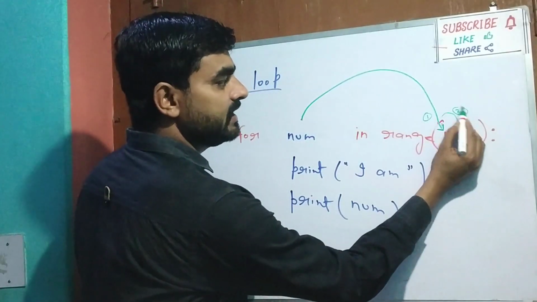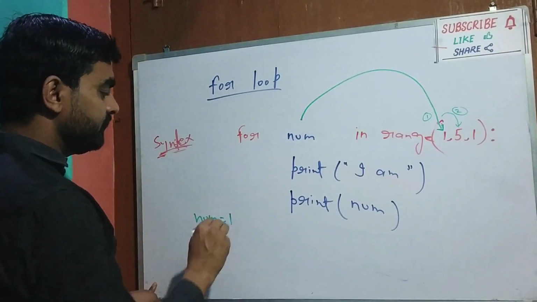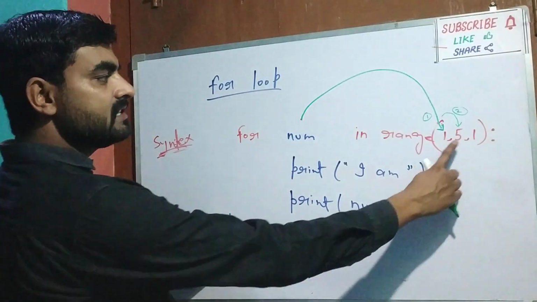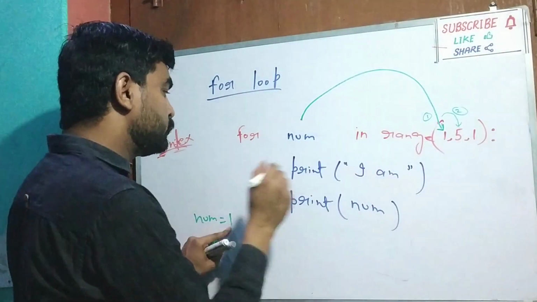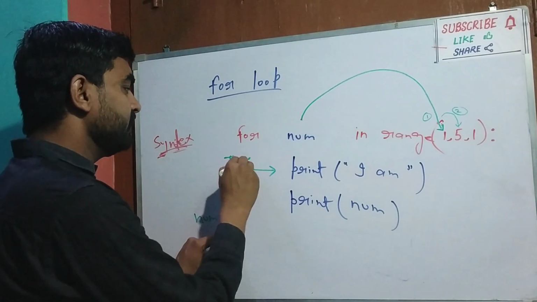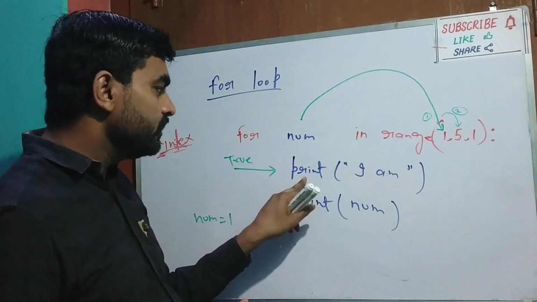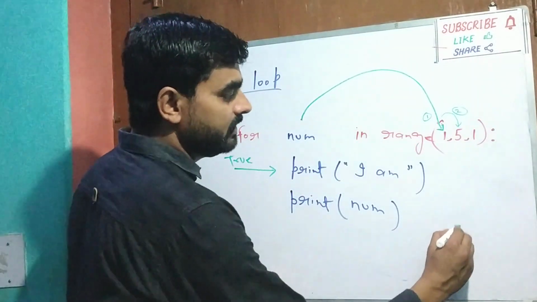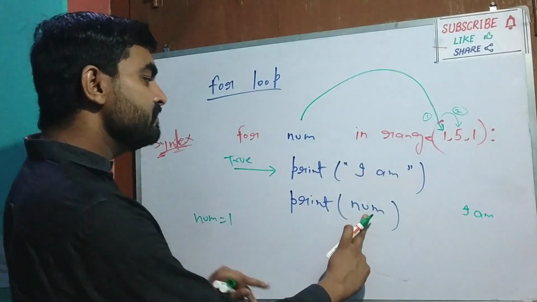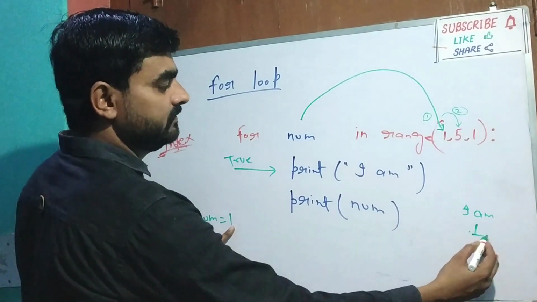This one is the second step, and in the variable num first 1 will start, and then it will ask whether 1 is less than 5. If true, then this statement happens. When the condition becomes true, then this thing will happen. So it will write I am. Again print num. Num means what? Value of num. So the value of num is 1. So it will print 1.